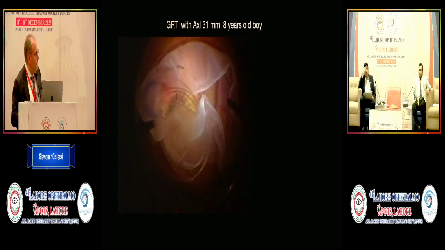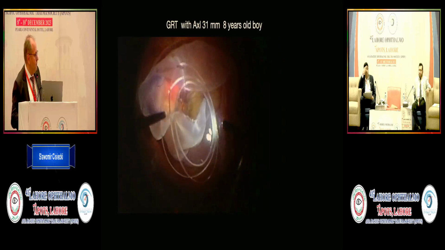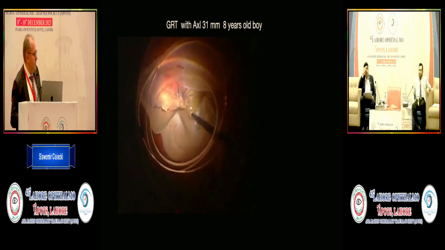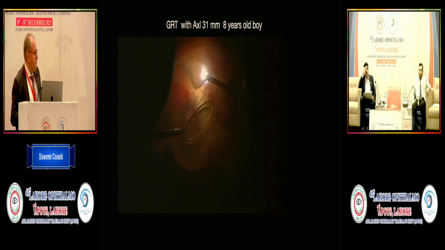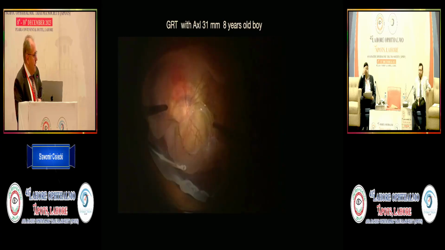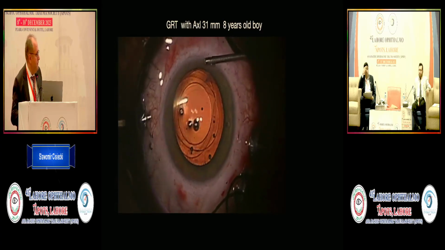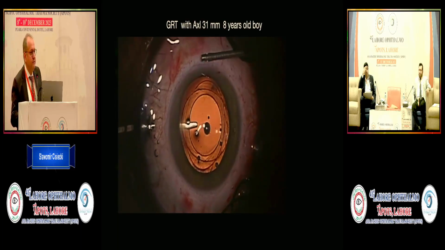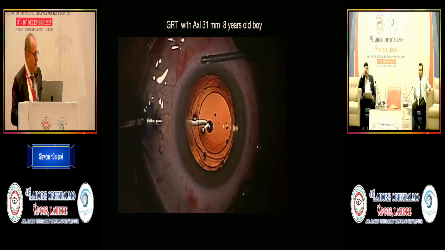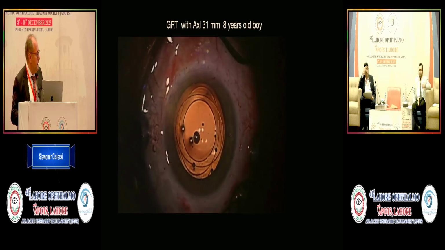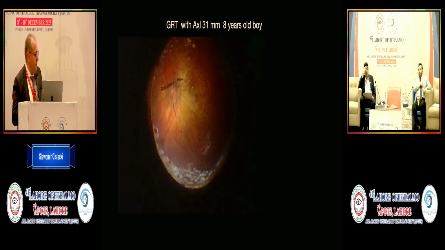This is a complicated case. One of my first cases with the Tassignon lens, and actually I had dislocation of the Tassignon lens only twice, one in this pediatric case, but it's easy to fix, just lift it up and place it between both capsules.